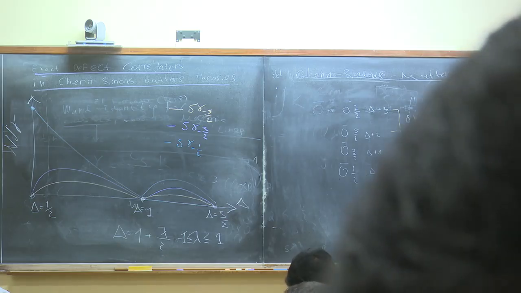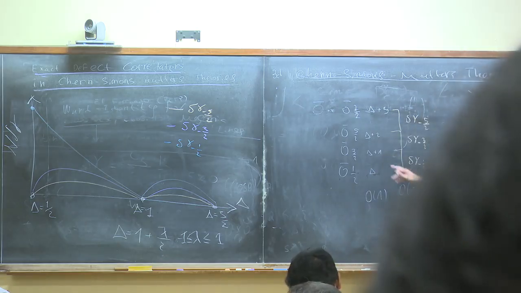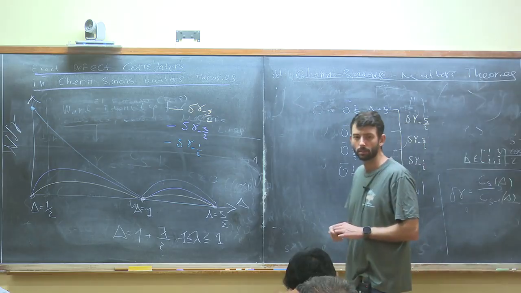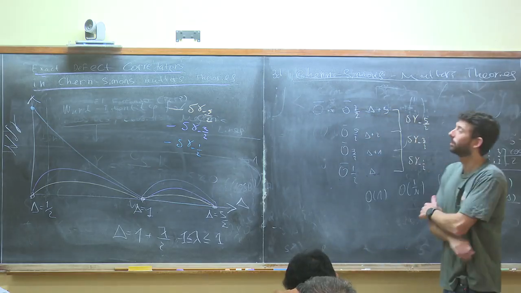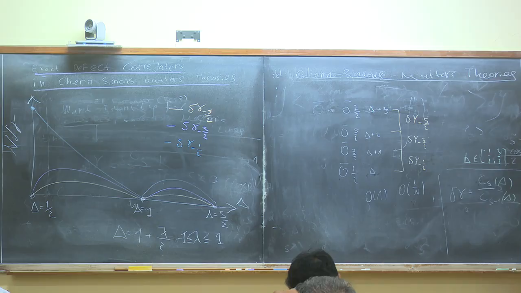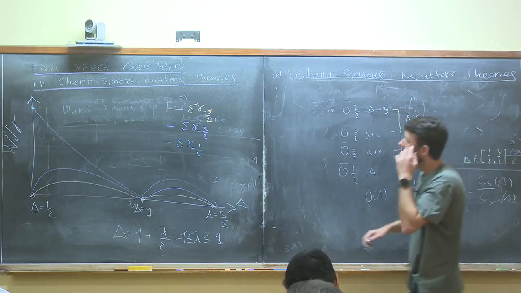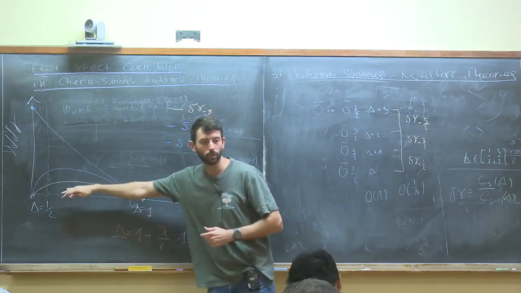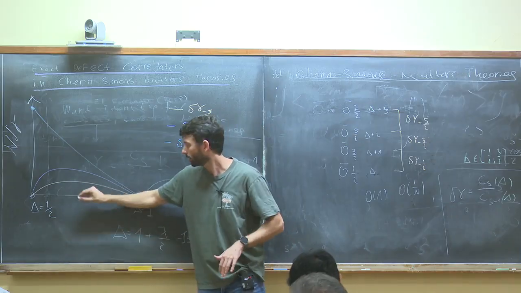So the relative anomalous dimension must be 0. It makes sense, kind of. Why is it positive? I don't have an answer for that. But you see, interestingly, the higher you go, the smaller it is. They go down.